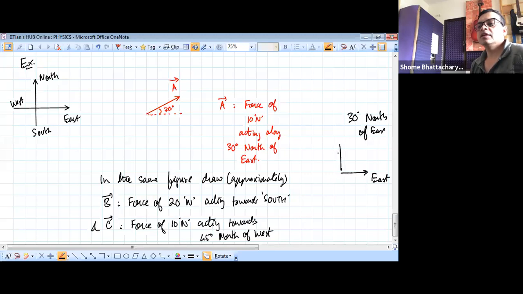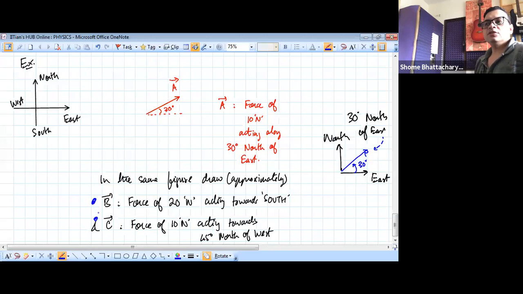This is your north direction. So from east, you are turning towards north by 30 degrees. So if this angle is 30 degrees, this is this particular direction. It is 30 degrees north from east or north of east. So that is how we are representing the vector A. So now given this reference of vector A, we have to draw two other vectors. We have to draw the vector B and we have to draw the vector C.